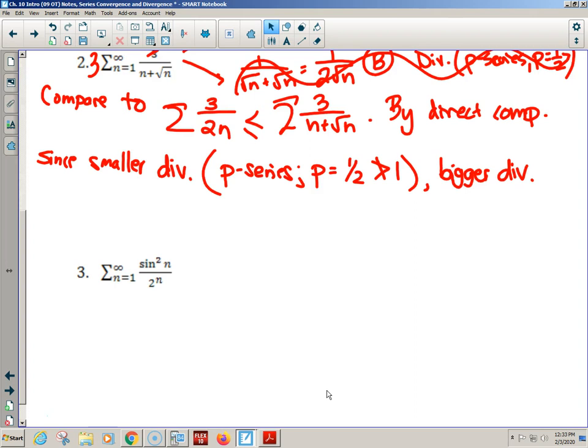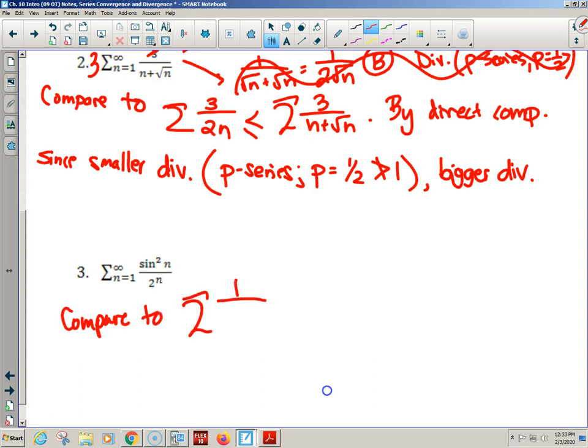What do you guys want to compare to? Why not? It's a lot like the first one, right? But you guys tell me, greater than or less than? But why?